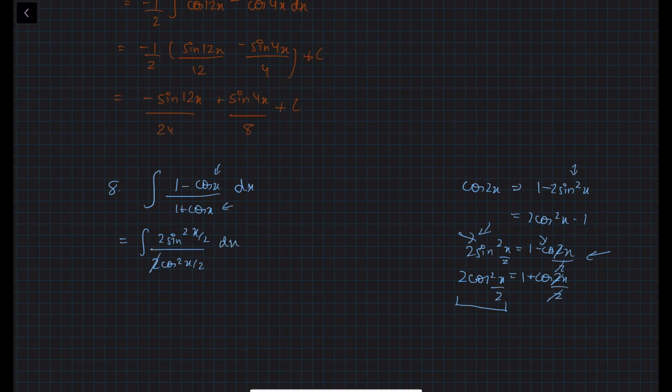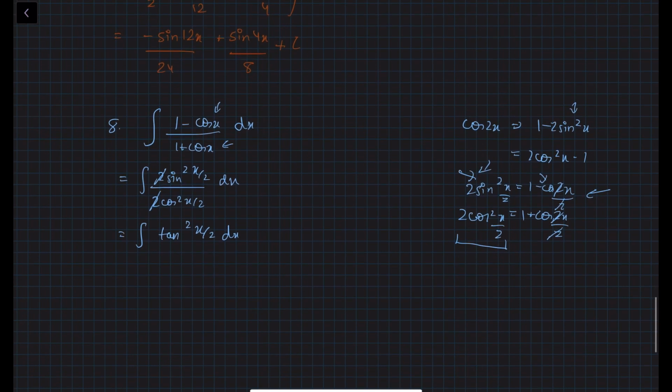And now we can see that this 2 and that 2 cancel, and the integrand just becomes tan square x over 2 dx. For anything of tan squared, while integrating, you want to write it in terms of sec squared using that identity. So I'm just going to write that as sec squared x over 2 minus 1 dx.